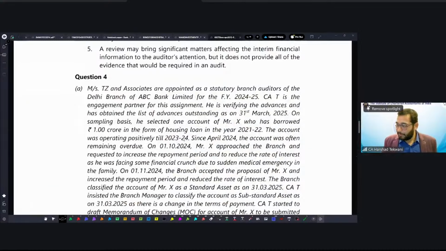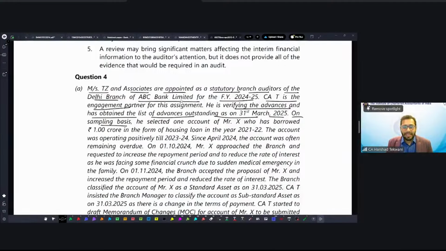Very good question. Now the question is: Messrs. TZ and Associates are appointed as the statutory branch auditors of the Delhi branch of ABC Bank Limited for the financial year 24-25. CAT is the engagement partner. Verifying the advances, he has obtained the list of advances outstanding as on 31st March 25.